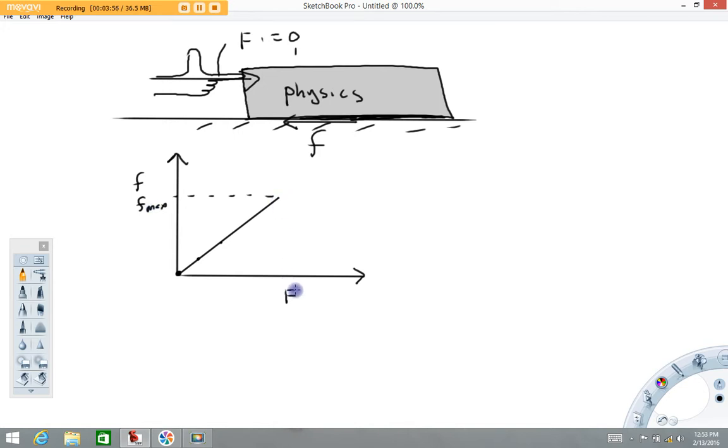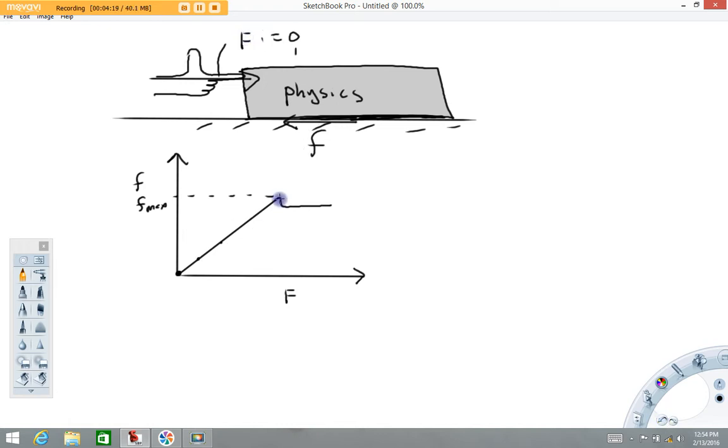So on this graph, once the book starts moving, the frictional force falls off. We're going to get a graph something like this. It's important to notice that this graph really has 3 things going on. We have this first region here where the frictional force is just equal to whatever I'm applying.